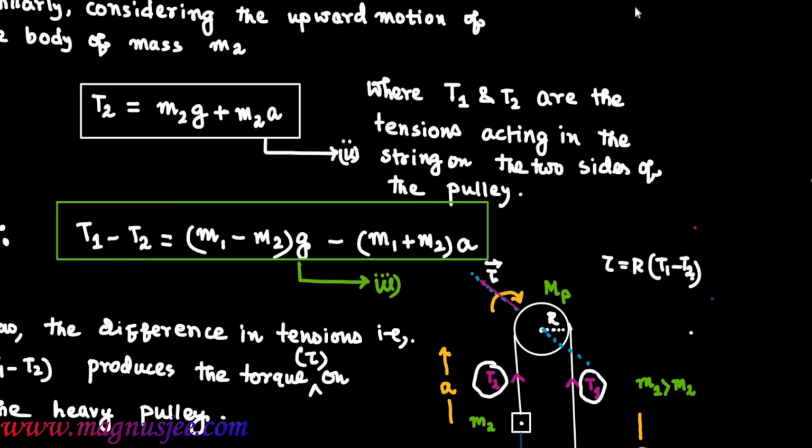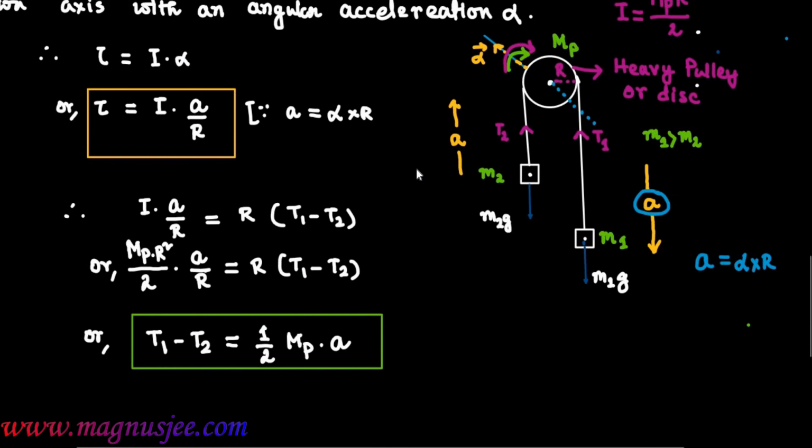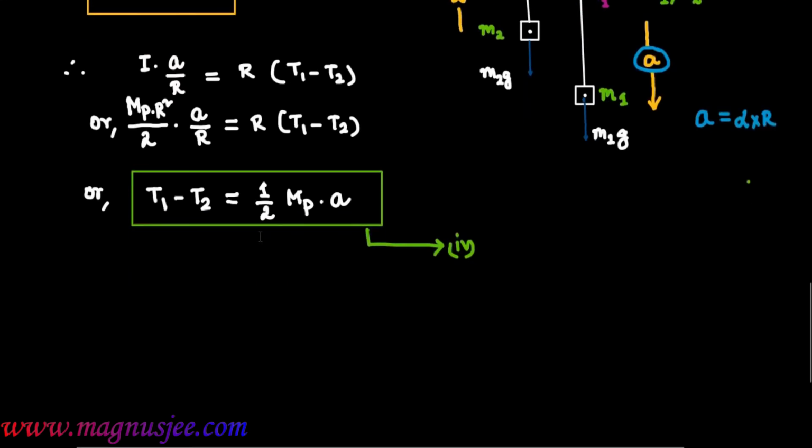And initially we get T1 minus T2 as (m1 minus m2) times g minus (m1 plus m2) times a.